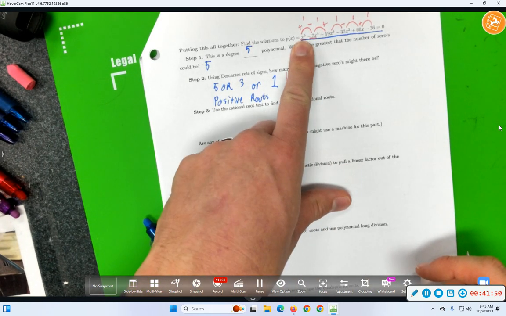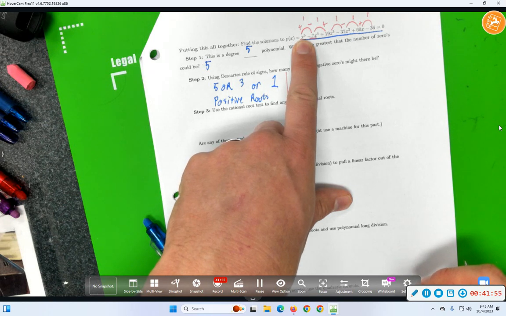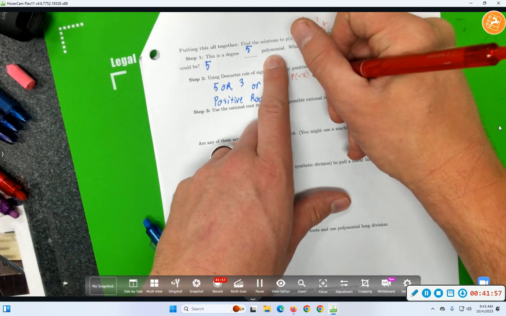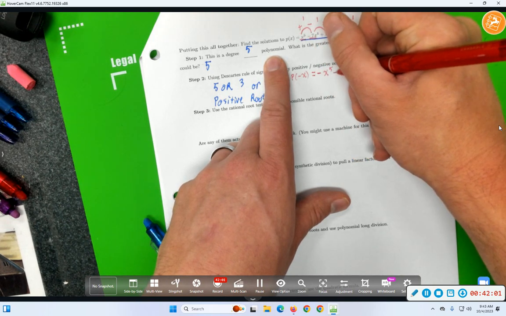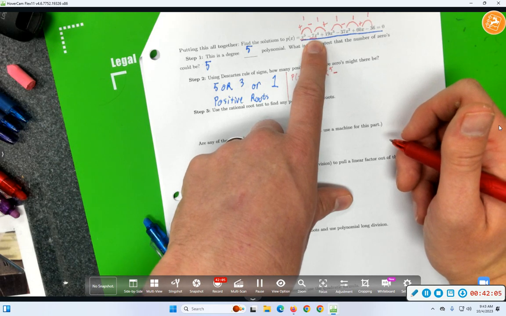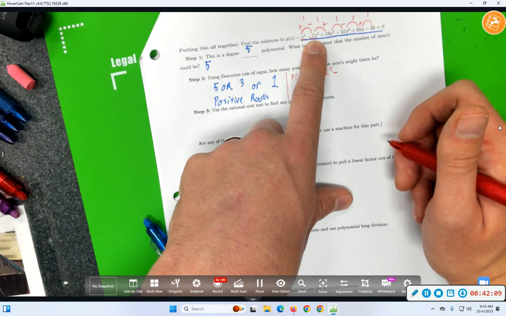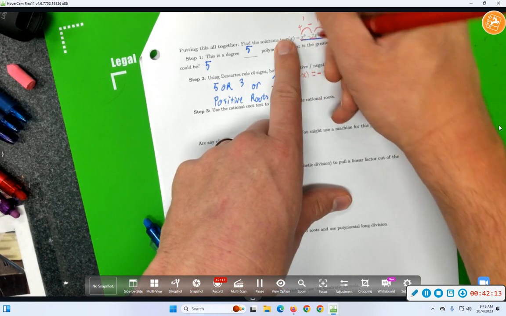What happens when I stick a negative inside of an x to the 5th? It just pulls out. It's an odd number of negative signs. So this is negative x to the 5th minus 7x to the 4th. What happens when I stick a negative sign inside of an x to the 4th? That particular negative sign doesn't matter, so there's still this negative sign out front.